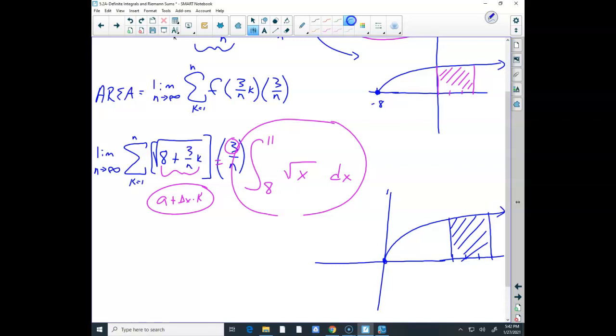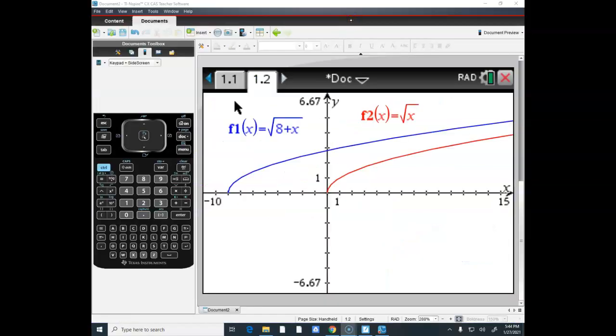And actually, I'm going to pause, and I'm going to show you on the calculator better, I think. So hold on. Hopefully this makes sense, because the blue one's my first one right here. We're finding the area from 0 to 3. We're finding this area right here on the blue one. And then on the red one, we're finding this area down here.